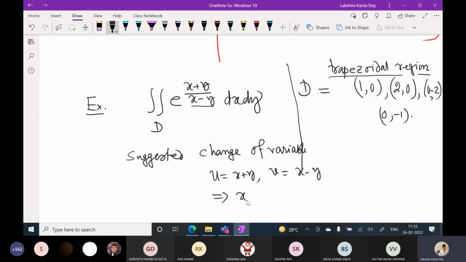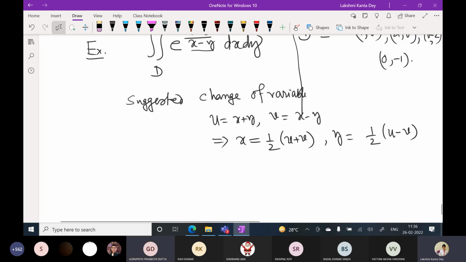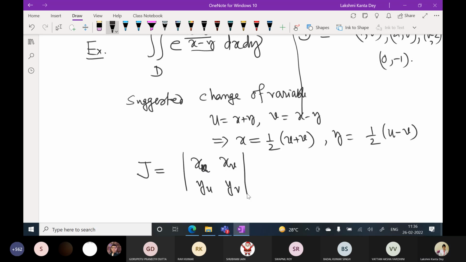Means x is equal to, in terms of u and v, whatever it is, and y is equal to, in terms of u and v, minus v, right? So what could be the Jacobian of the transformation? xu, xv, yu, yv. So what is that? That is minus half.